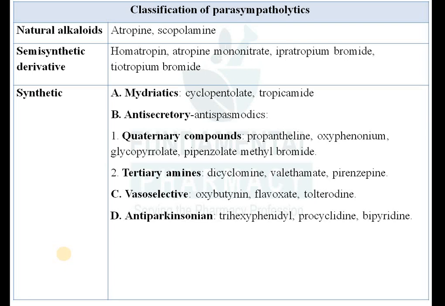Now these are the drugs which are used as parasympatholytics. Classification of parasympatholytics. Mostly these are the tropane alkaloids and their derivatives.